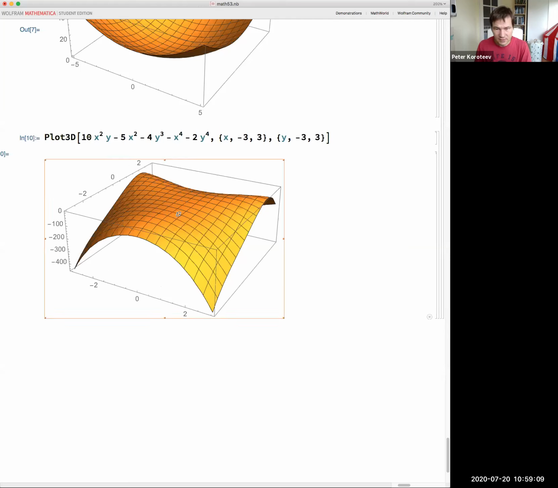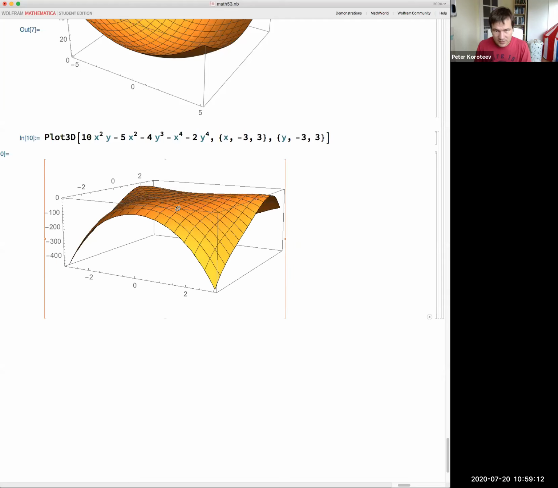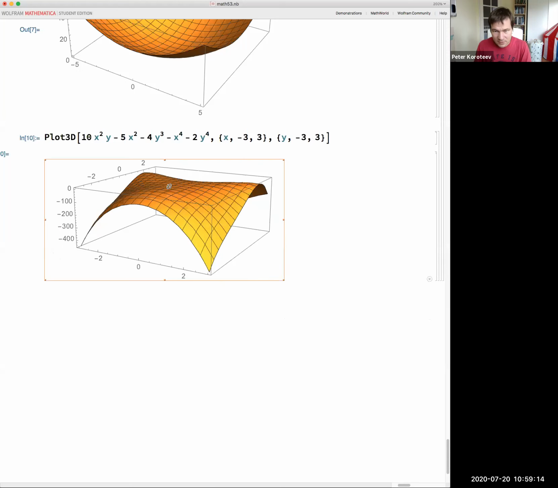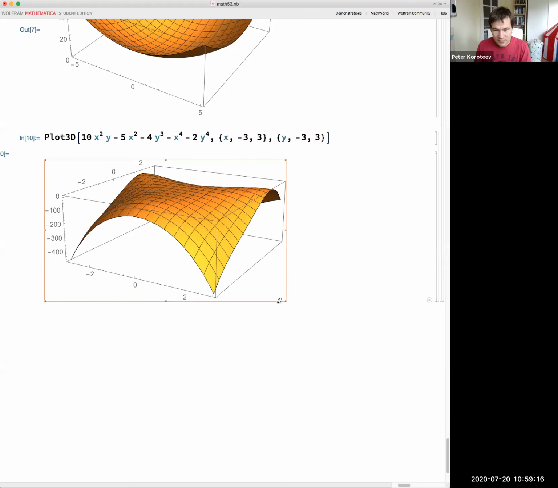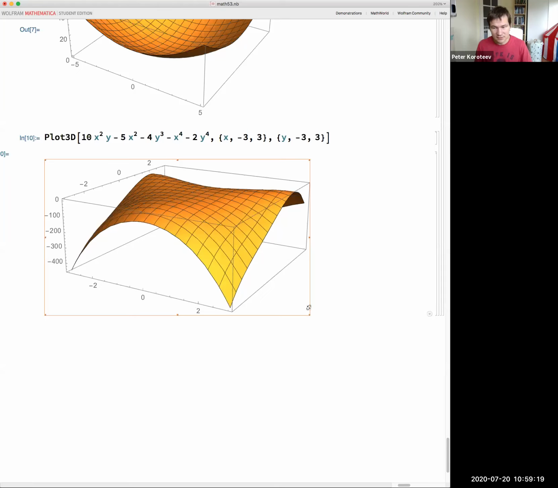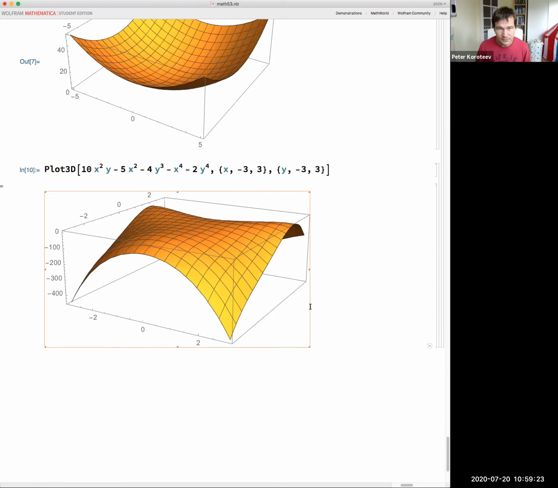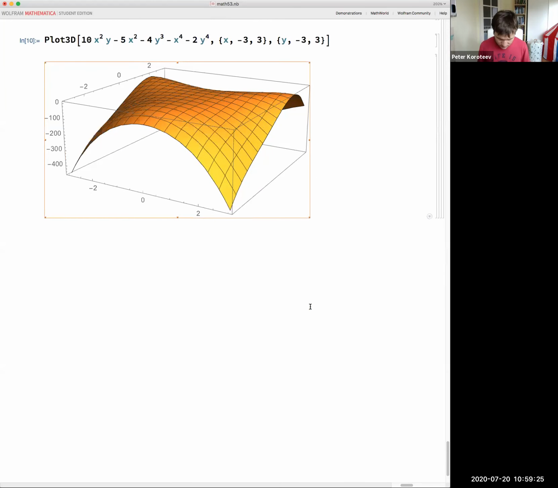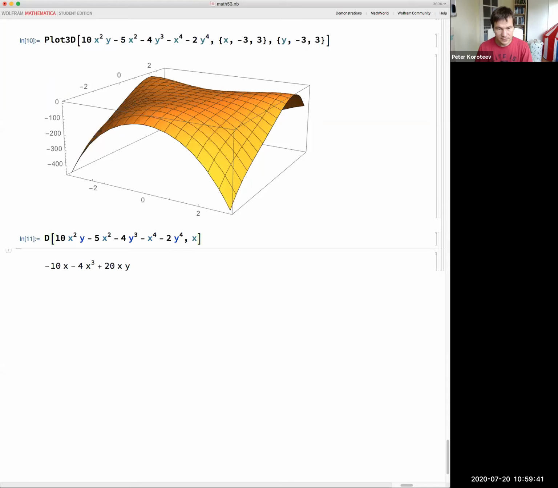I'm just trying to see if there's a minimum. It's hard to see what's going on here on the flat, right? So therefore, let's try to investigate it using calculus. So here's the function, right? I'm going to take its derivative. So derivative of that over x is this.